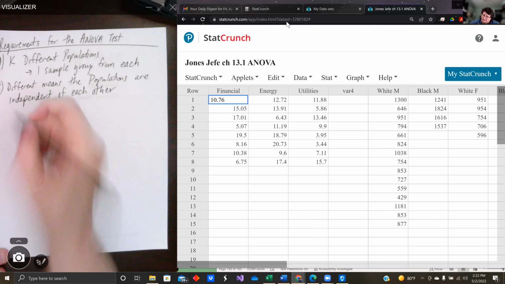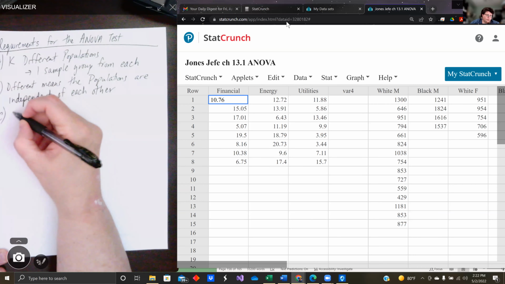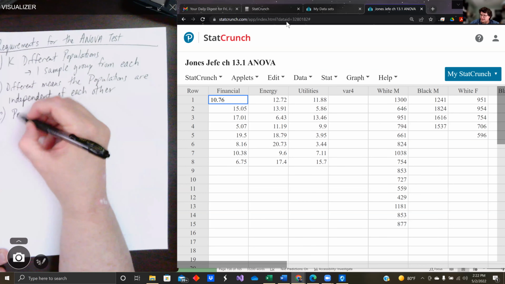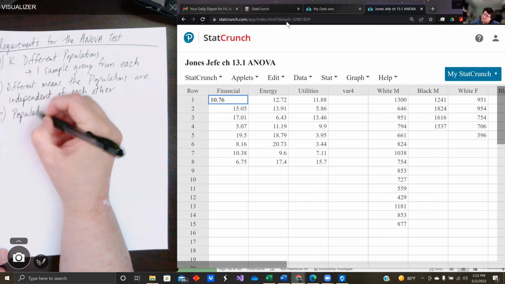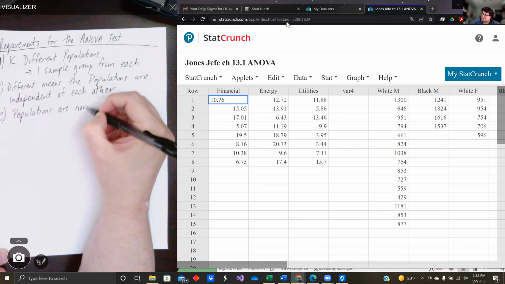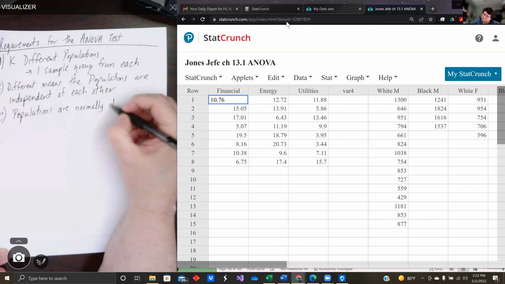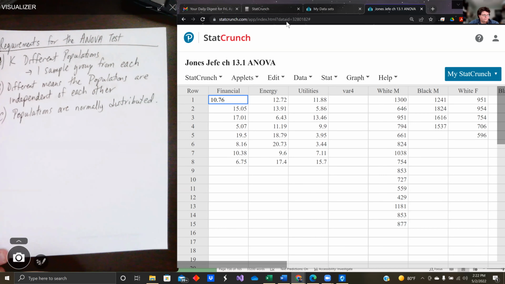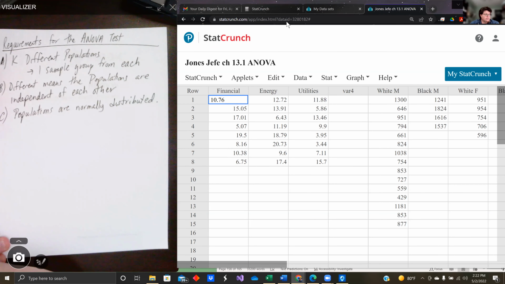We want the populations to have a normal distribution. Populations are normally distributed. And a lot of times we don't know the distribution of the population.